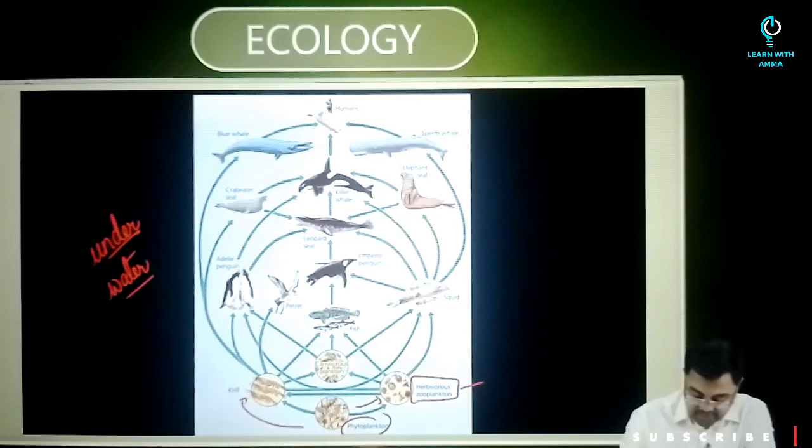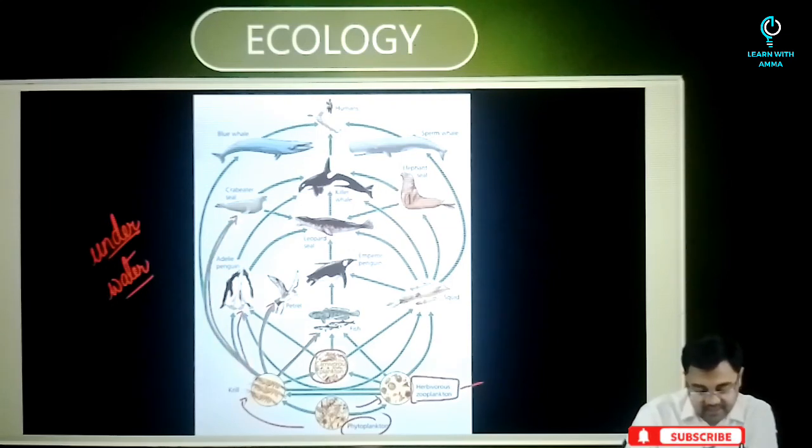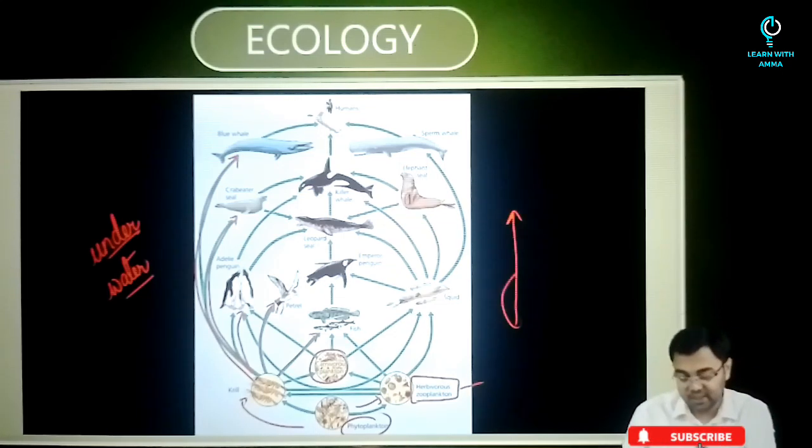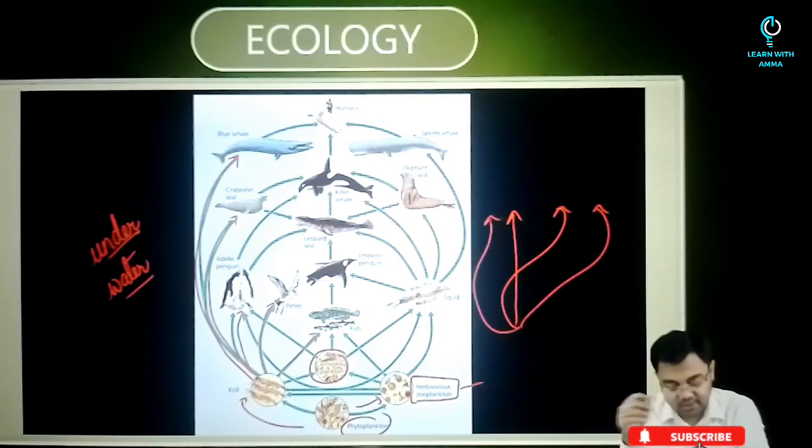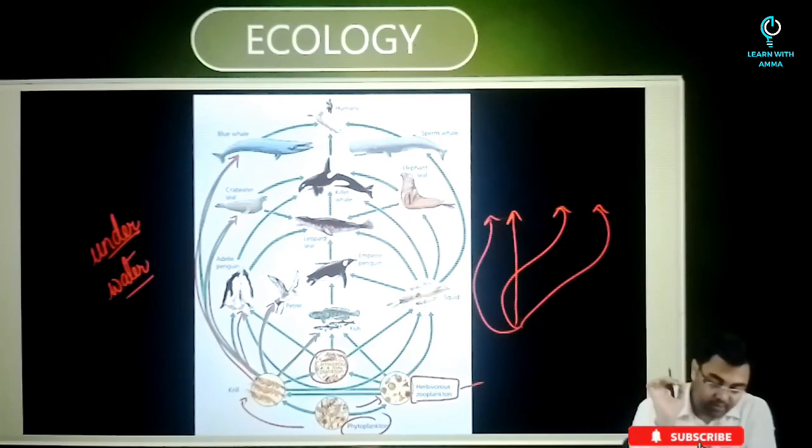Now this krill can be consumed by a carnivore plankton, a fish, a petrel, a penguin, a seal, or a blue whale. So there is no one single line. There are multiple lines from a single organism. So that being the case, this cannot be represented.